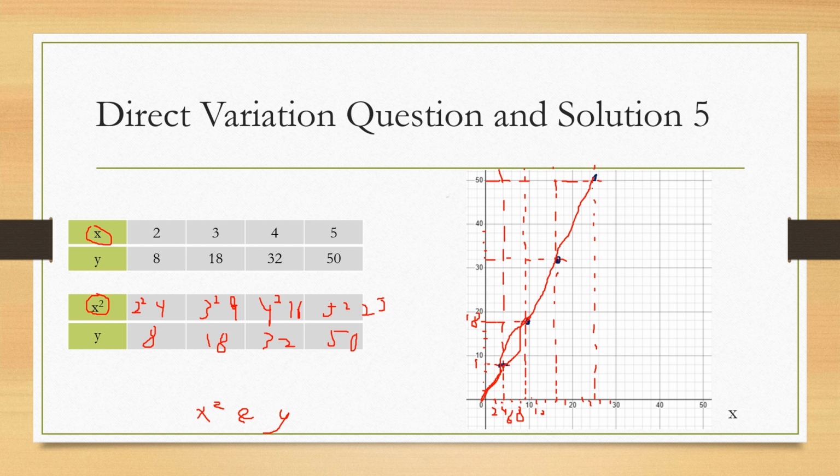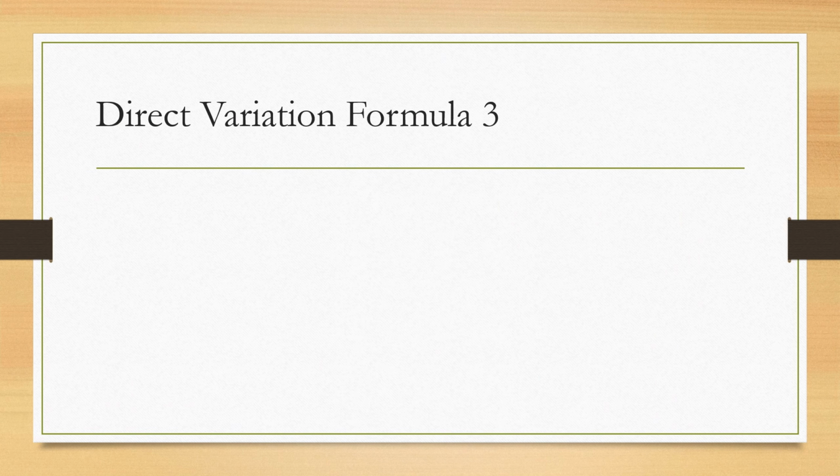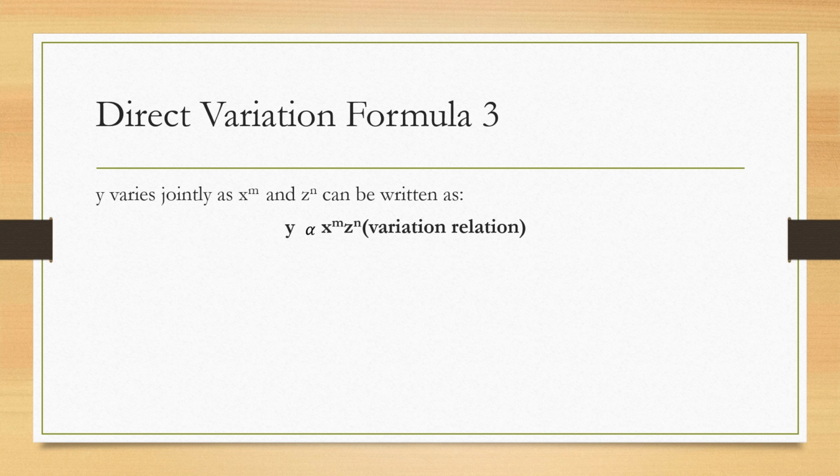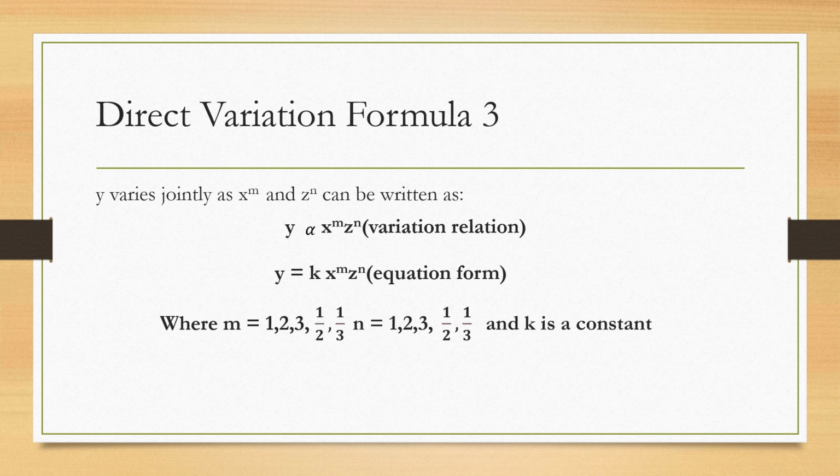Next, is the x and y. Okay, formula 3 for direct variation: y varies directly with s exponent m and z exponent n, and can be written in equation form as y equal to k s exponent m, z exponent n, where m equal to 1, 2, 3, 1 over 2, 1 over 3, and n equal to 1, 2, 3, 1 over 2, and 1 over 3, and k is constant.